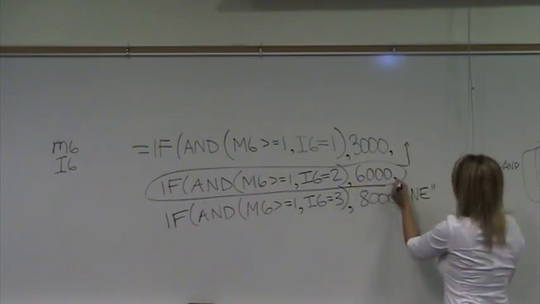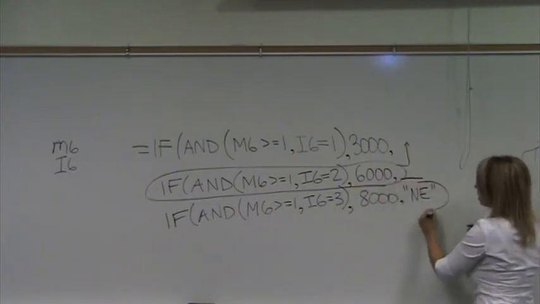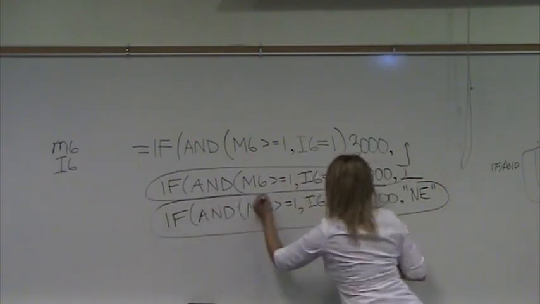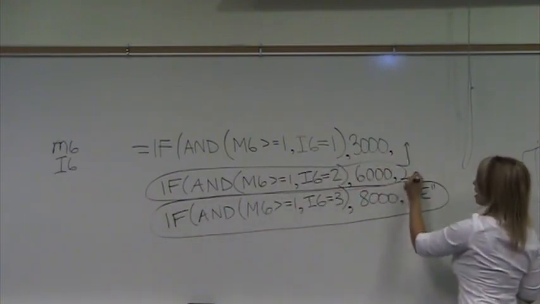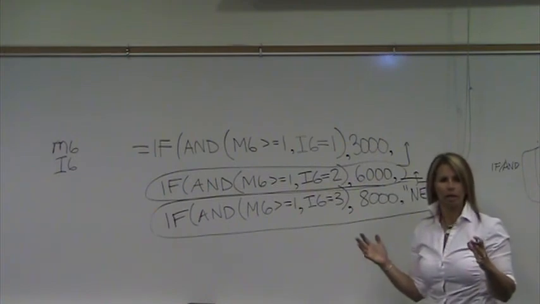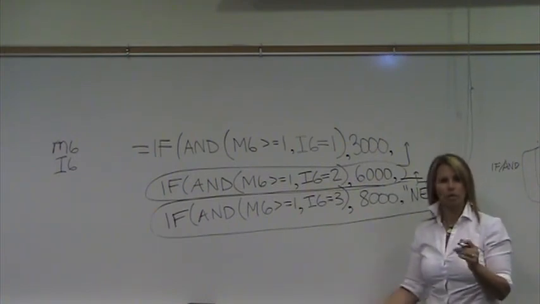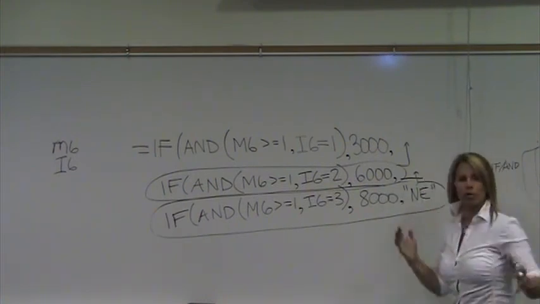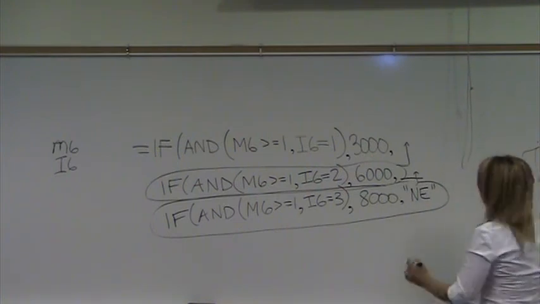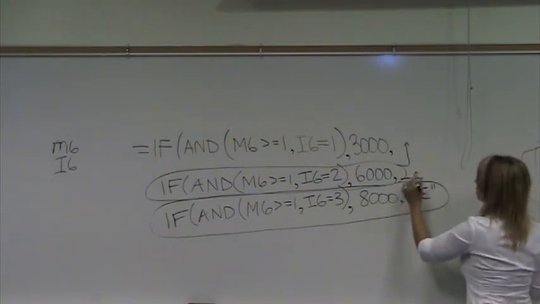Our comma, here's our false area. This is where we put this IF function into this false area. And we are going to combine all this, and it's going to be a big, long, ugly IF AND function. But you'll see what it looks like in the end, okay? The board isn't even long enough to do this. All right, so we put this one up here in this false area.